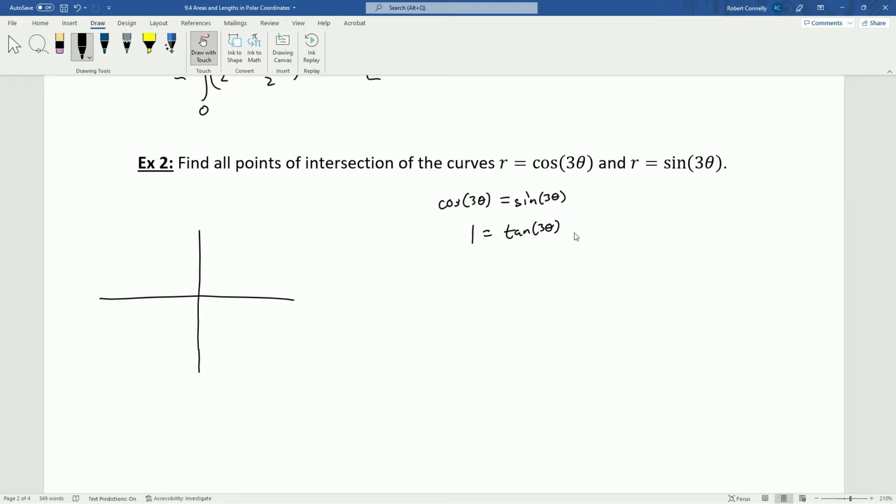And tangent of 3 theta is equal to 1 when the angle, in this case 3 theta, is equal to pi over 4, or any additional pi multiple. So if I divide everything by 3 here, I get theta equals pi over 12 plus pi over 3 times n.